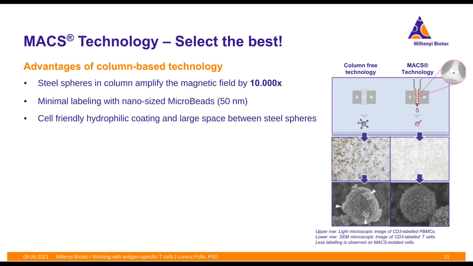So what makes the MACS enrichment technology actually so special? We simply call it the select-the-best approach: minimal labeling with no effects on cell function and full downstream compatibility. But what are some of the key advantages of this column-based technology?